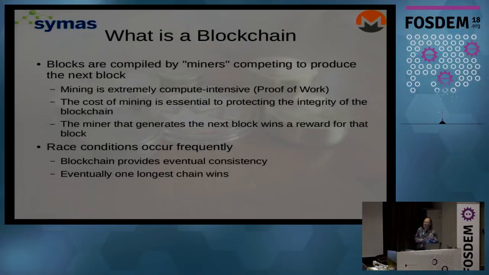Mining is somewhat of a race, a competition. So the first miner that generates a valid block gets a reward for creating that block. Race conditions in this process occur very frequently, and that means multiple miners can arrive at a valid block at just about the same time, right?